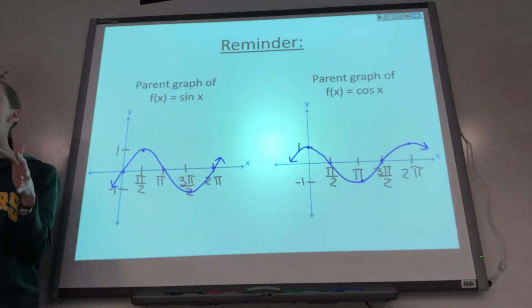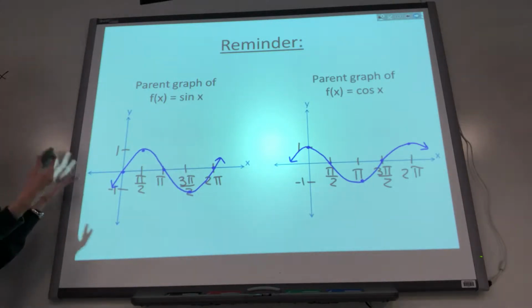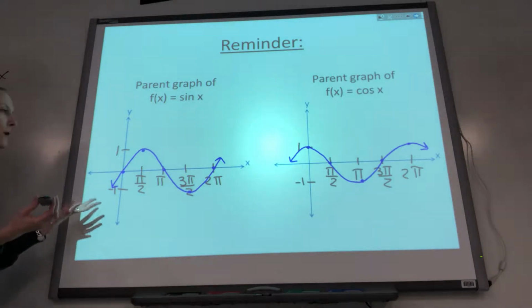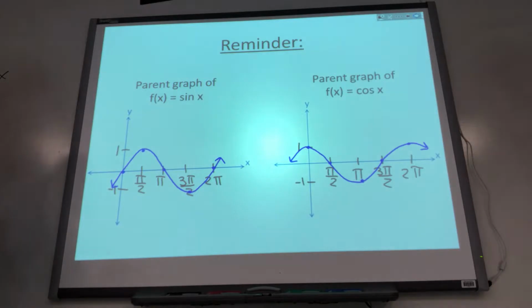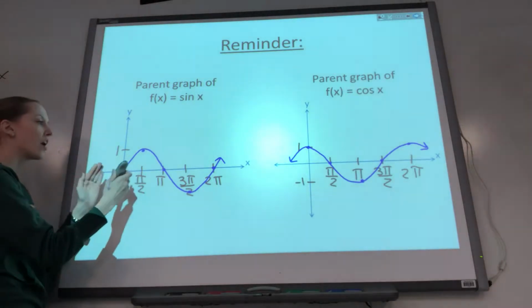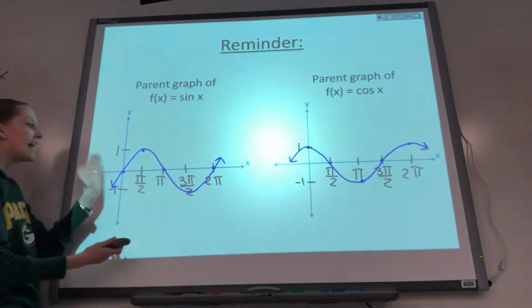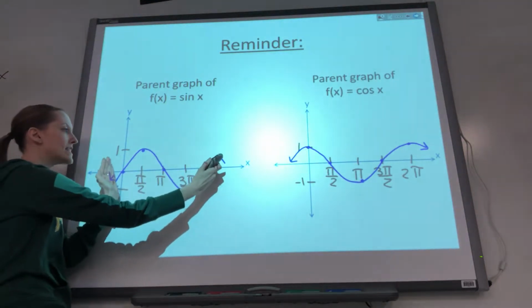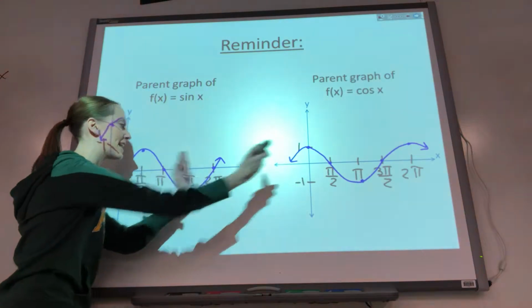Now, I didn't point this out in detail when we did part 1, but I think we've talked about it before. I'm going back to a term that we learned about a little while ago called the period. It goes from 0 to 2 pi until it starts repeating again.